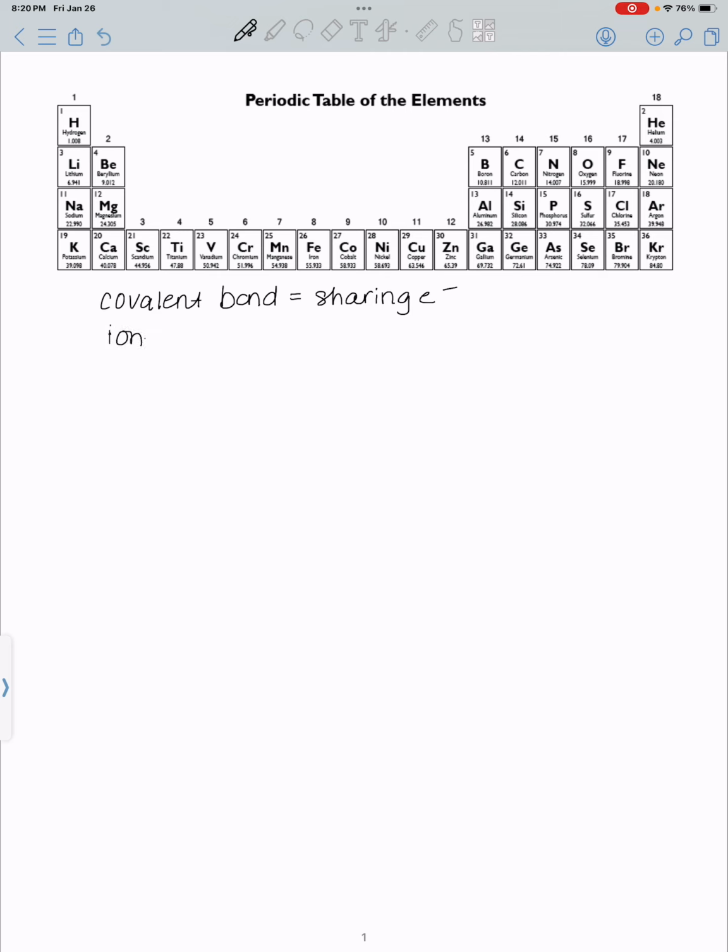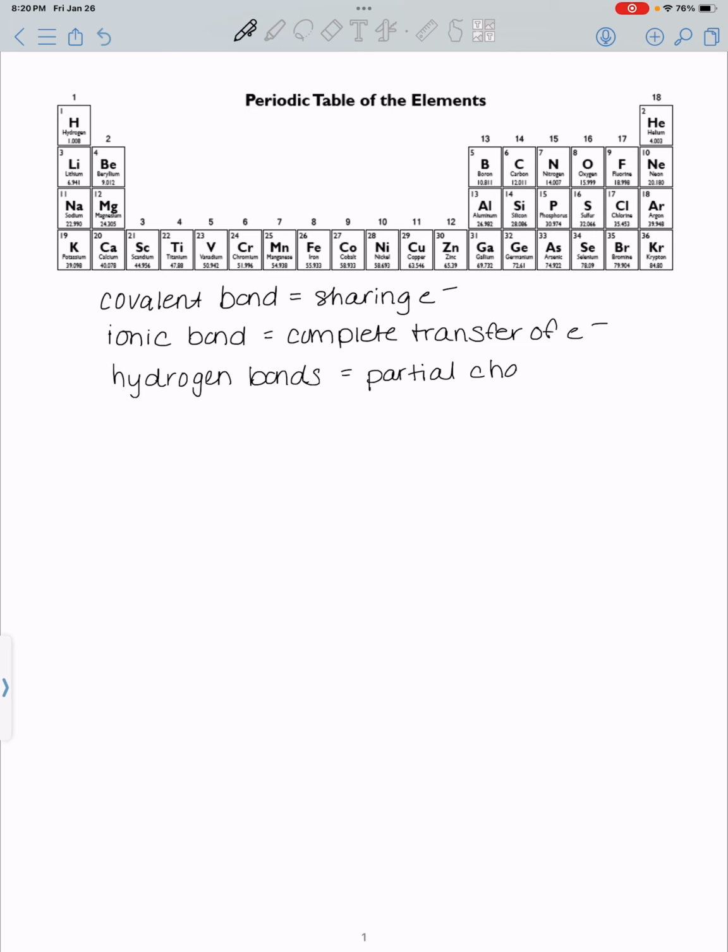An ionic bond was a complete transfer. And then we had hydrogen bonds, which are created through partial charges from polar covalent bonds.